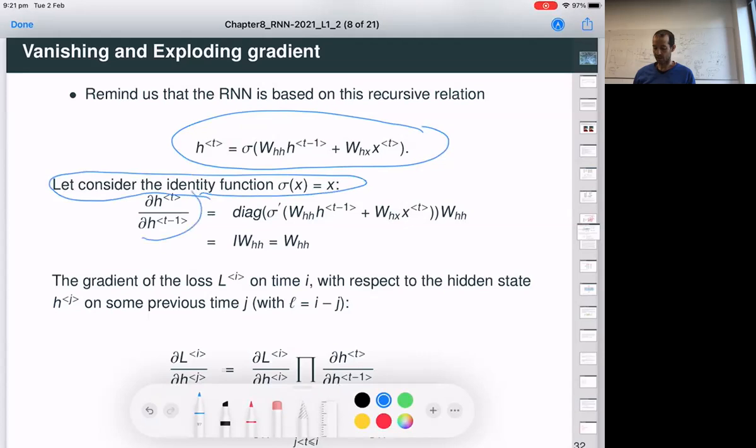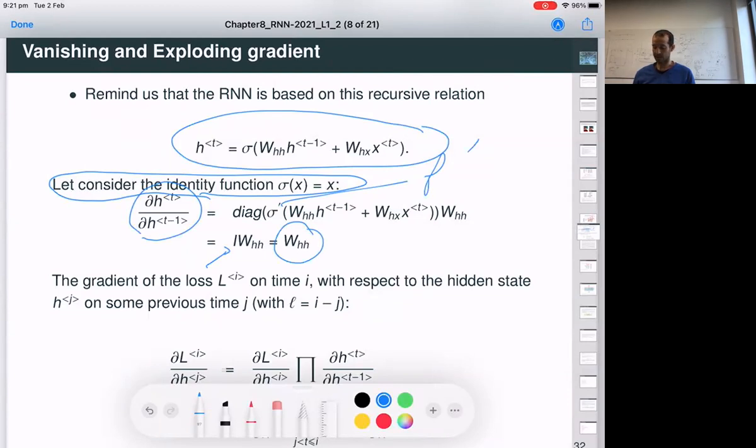So now this derivative, which was the diagonal of f derivative before, is now identity, so I will have the identity matrix, and in fact this is just the matrix W, where we have our weights.